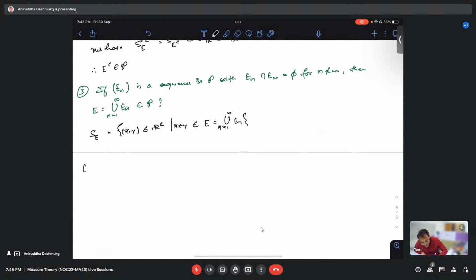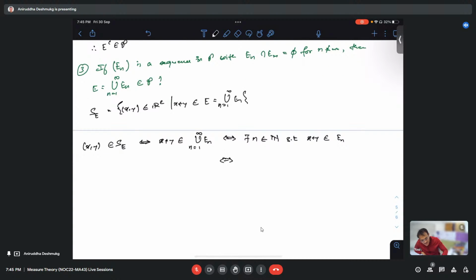So let us write it. (x, y) is inside SE. This is same as saying x plus y is inside this union, which is same as saying there is some n such that x plus y is inside En.